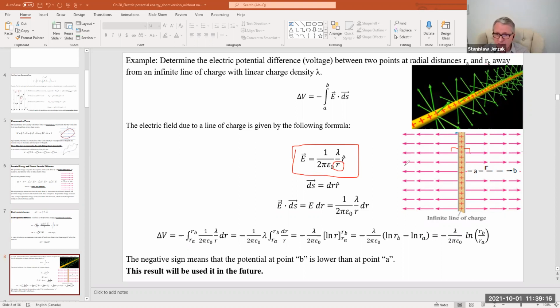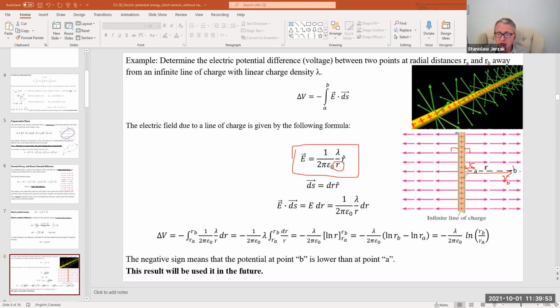We want to calculate the electric potential difference between two points, point A here and point B somewhere here. Let's say the distance of point A from the line of charge is r with subscript A, and the distance to point B is r with subscript B. We will do the calculations parametrically.